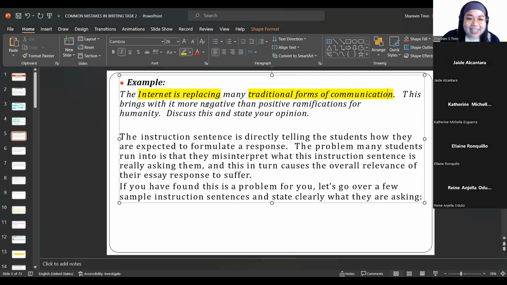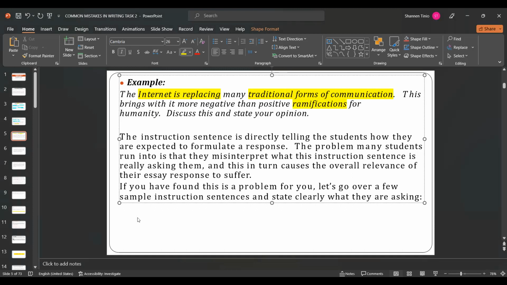1990s. Okay, this brings with it more negative than positive ramifications for, okay, kagaya ng discussion kahapon, context clues. Let's say you don't really understand what ramification means, okay? Hindi mo mag-gets yung ramification.